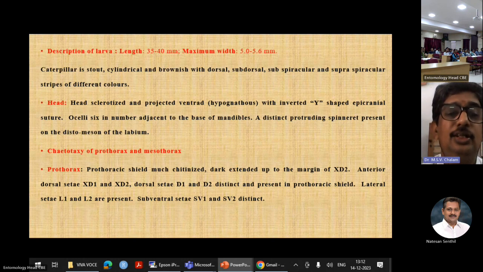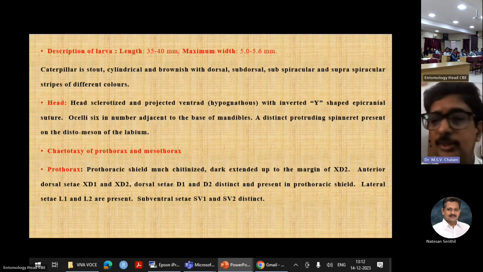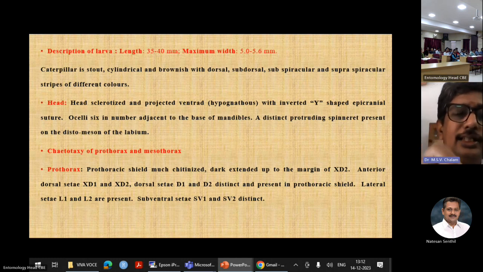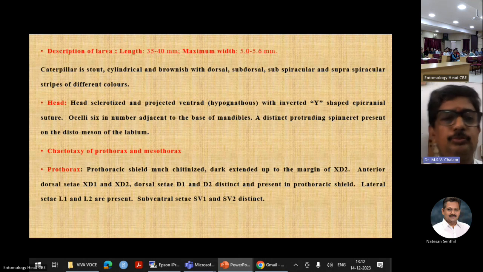XD2 is the dorsal setae. Dorsal setae XD1, XD2, subdorsal setae D1, D2, and lateral setae L1, L2 are present. If you observe under the microscope, you can draw the camera lucida diagram, number the setae based on the nomenclature, and describe the thorax as well as the abdomen.